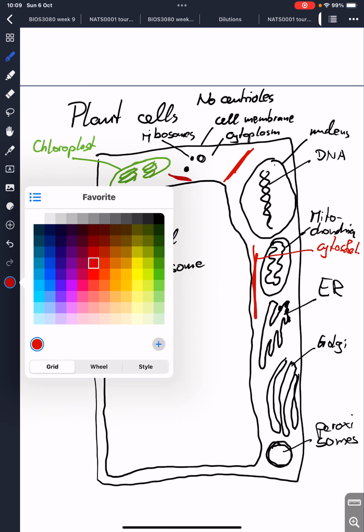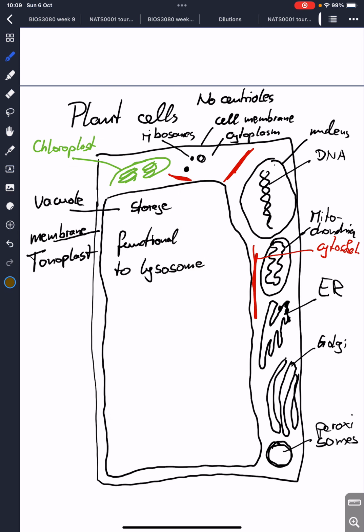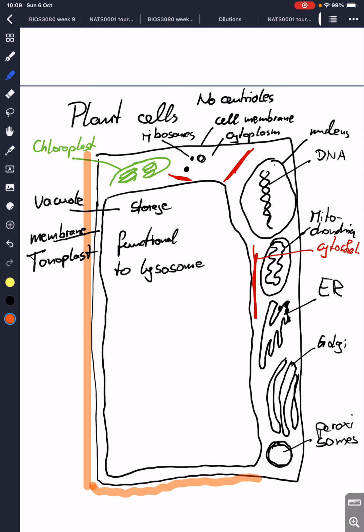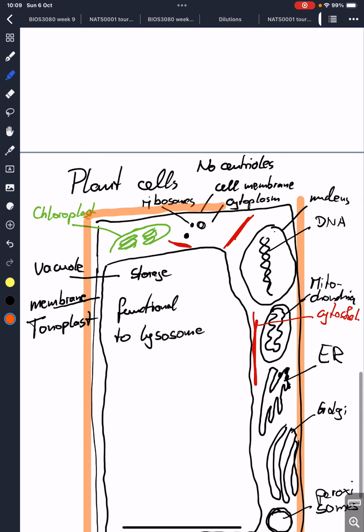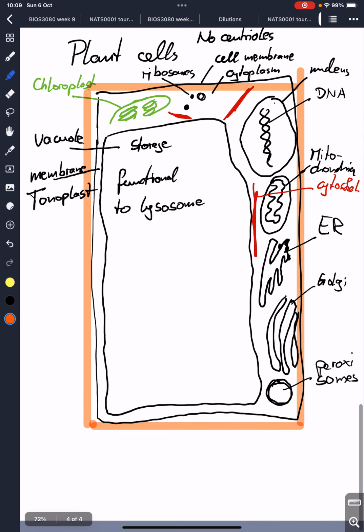And very characteristic for many plant cells, not all of them, but for loads of plant cells, is that they produce a thick layer outside the cell membrane, something like that. This is referred to as the cell wall.